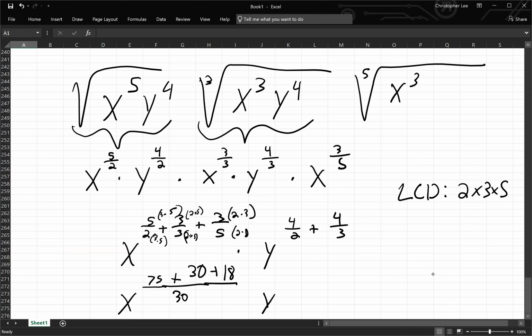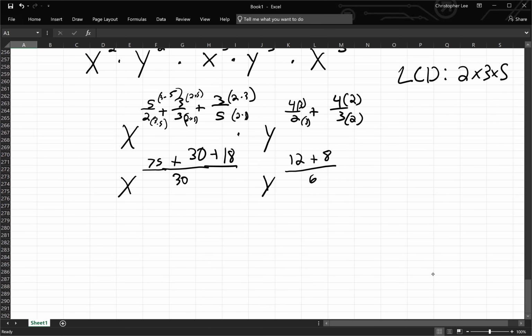And then we have y. Multiply this by 3, I do to the bottom, do to the top. Multiply this by 2, I do to the bottom, do to the top. What's that? 12 plus 8 over 6, something like that. Then you just add these up together. What's this? 105 plus 10, 115 plus 8. I think this is like what, 173? No, 123? 75 plus 30 plus 18.